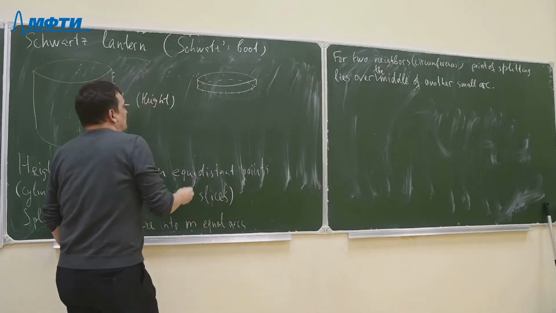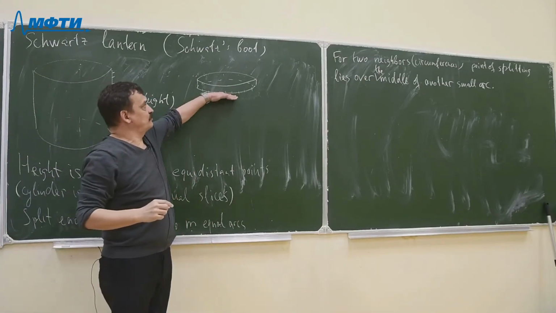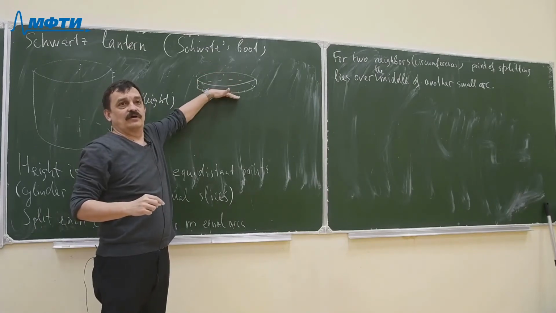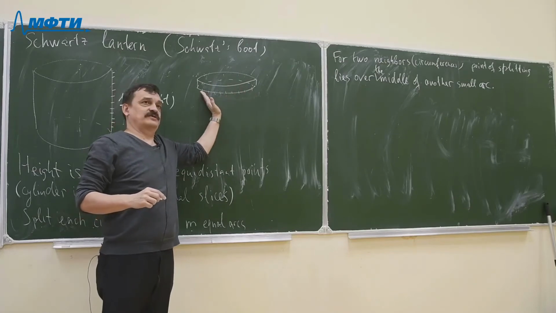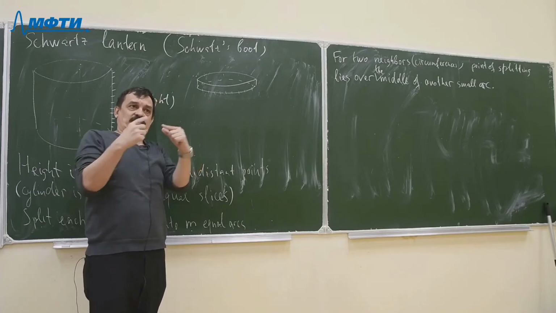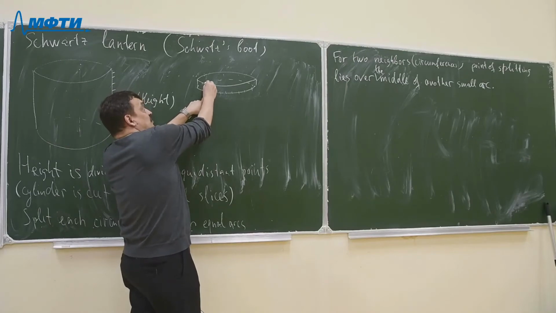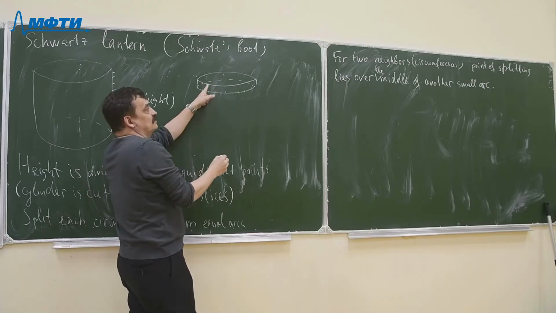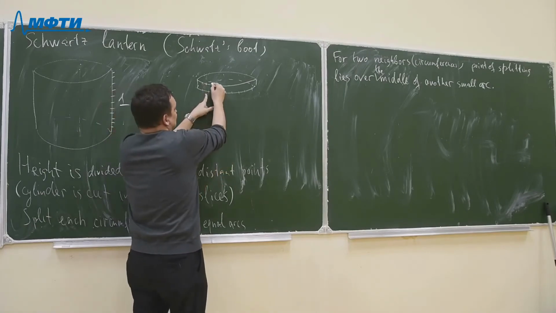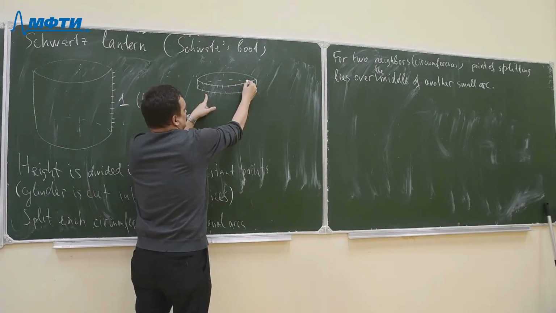So what does it mean? We have two neighbors, right? One circumference, another circumference. So we split each of the circumferences into m equal arcs. But now, what should we do? Each point is over the middle of the neighbor. So you see, like that.